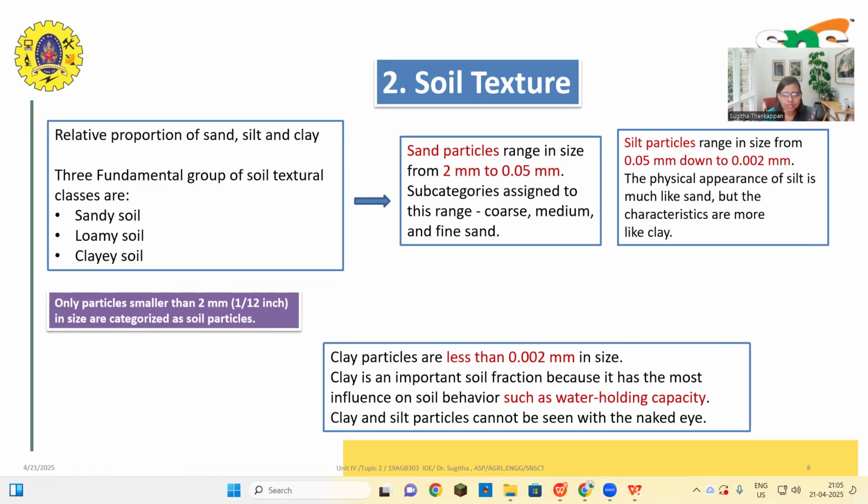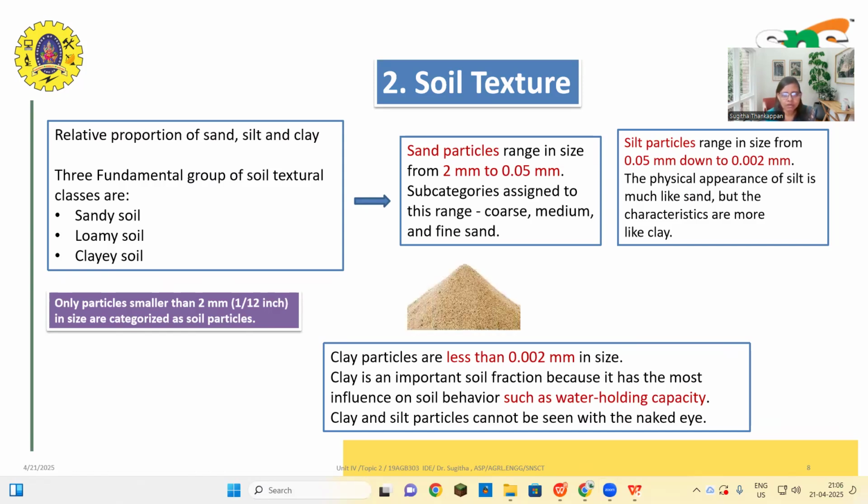The physical appearance of silt may look like sand, but the characteristic is more towards clay. Only soil particles smaller than 2 mm, that is 1 by 12 inch in size, you can call soil particles.